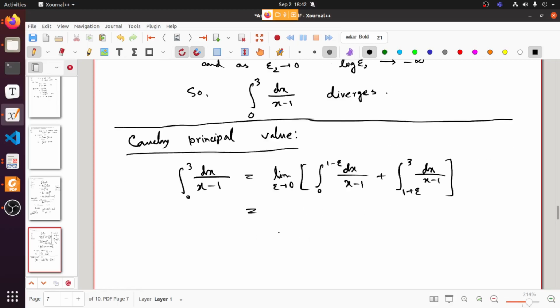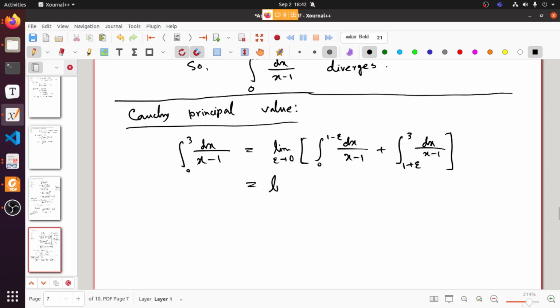Now if you do the integration this time, what do you get? Limit epsilon tends to 0, it will again be the same, log of mod of x minus 1 from 0 to 1 minus epsilon, plus log of x minus 1 from 1 plus epsilon to 3.